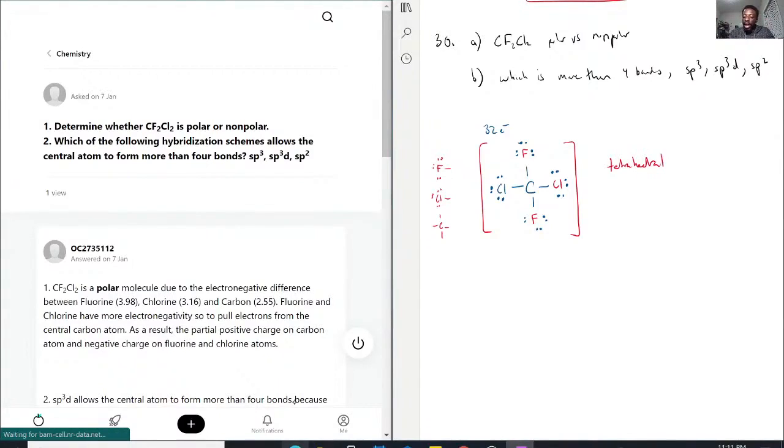Okay? And what this would actually look like, if I drew it out to my best capabilities, something like this. And it doesn't even matter what I put here anymore, because as you see, this is always going to be uneven. There's no way the fluorines and the chlorines could pull to where they would quote-unquote cancel each other out.